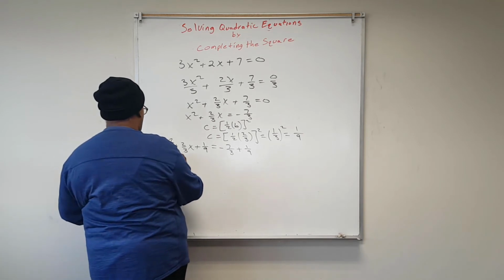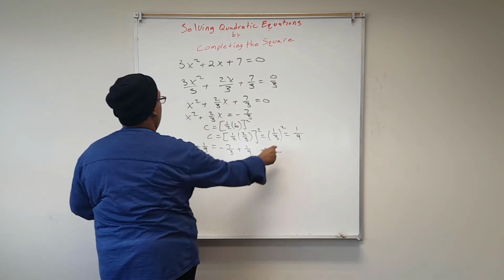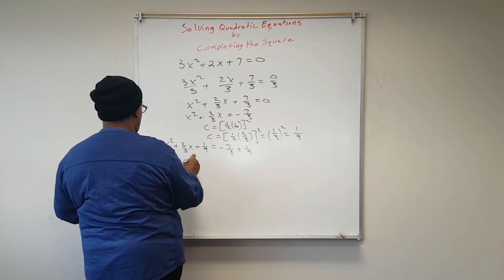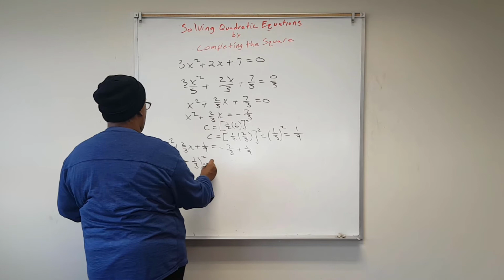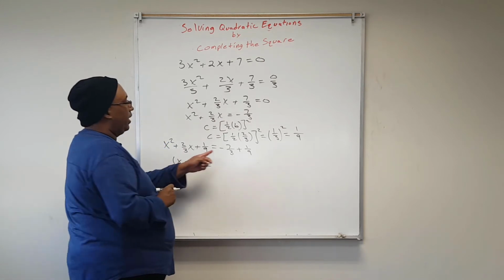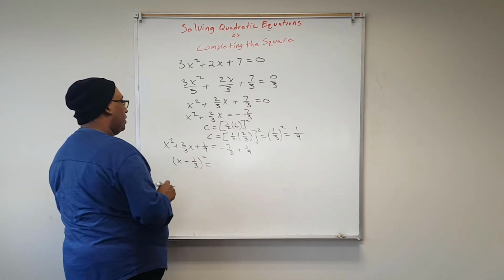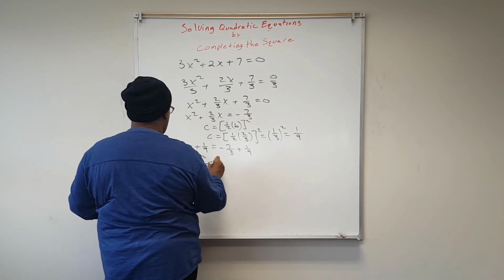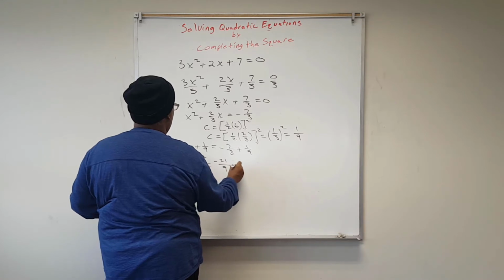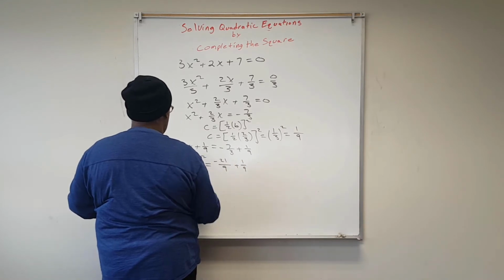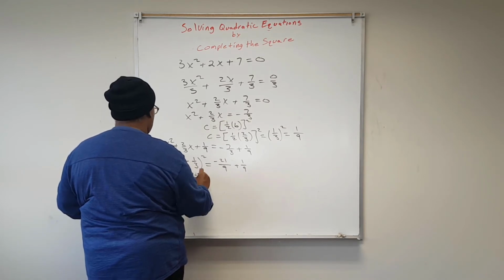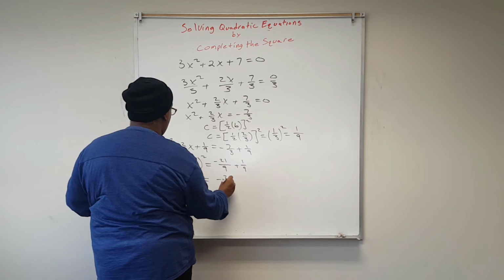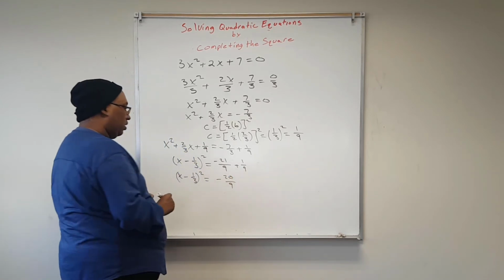Now we can factor that as x plus 1/3 quantity squared equals, we've got to combine this, so we need like denominators. Multiply this by 3, we get negative 21 over 9 plus 1 over 9. We get x plus 1/3 squared equals negative 20 over 9.